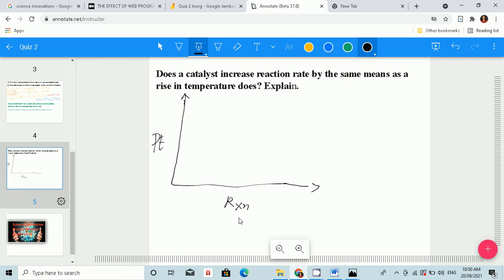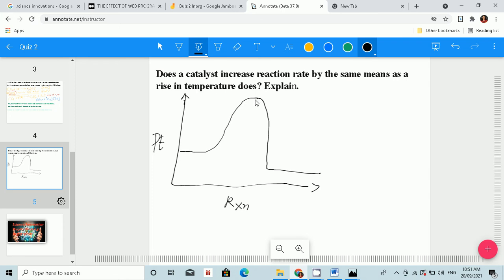Now, if we have an exothermic reaction, okay, so it reaches its transition state, and then we have the product.